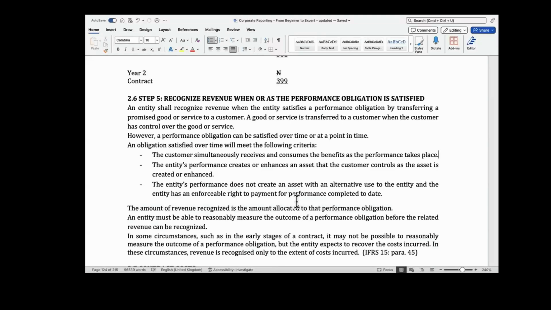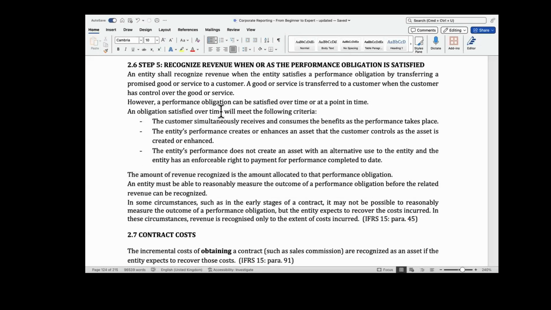And of course, when it's over time, whatever it is you have done to date, you'll be entitled to your money. Now, speaking about performance obligations satisfied over time, the core there is that the revenue you can recognize must be what you have done to date.